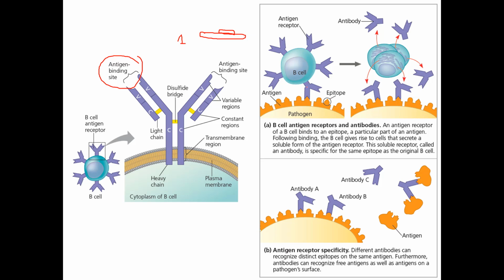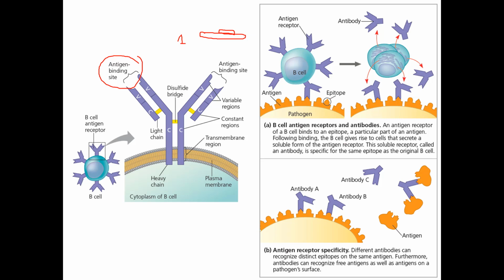After recognizing the epitope, it will get activated, and then it will start secreting these antigen receptors, which are then called antibodies. These antibodies will recognize those particular epitopes, and that will help in further destroying the foreign particle or the foreign organism.